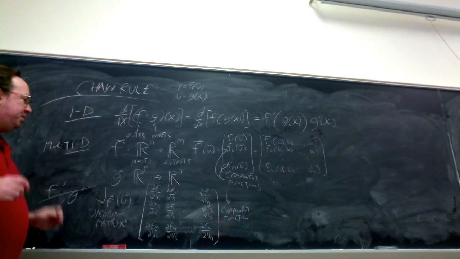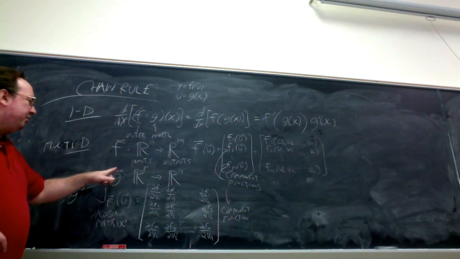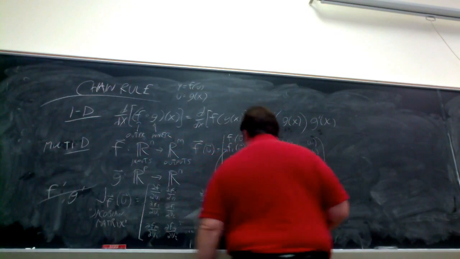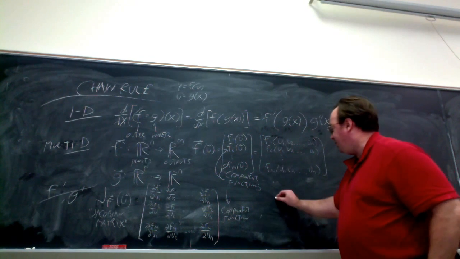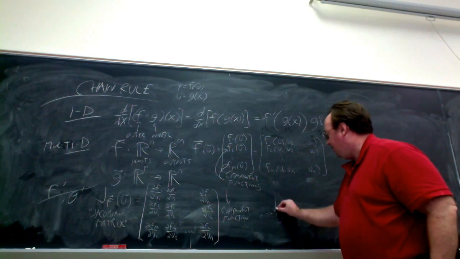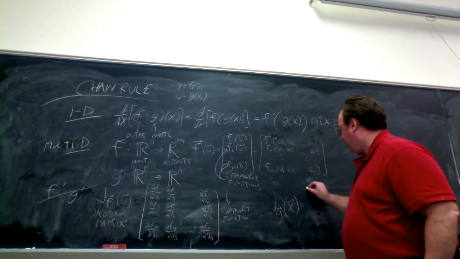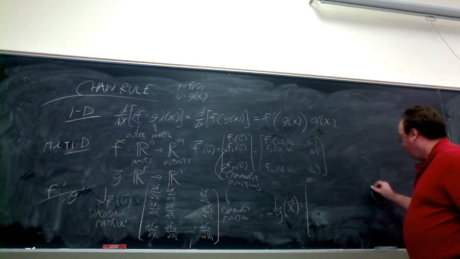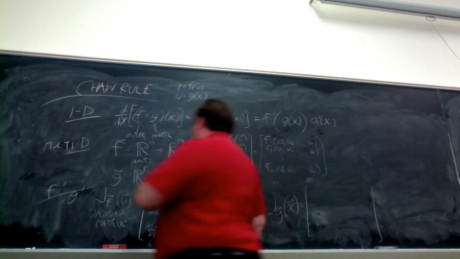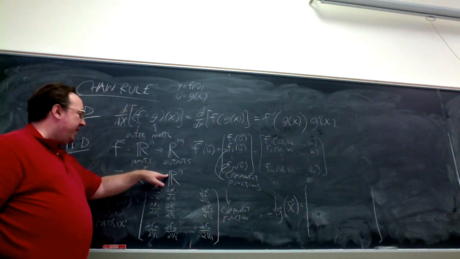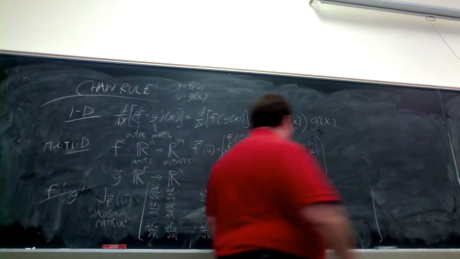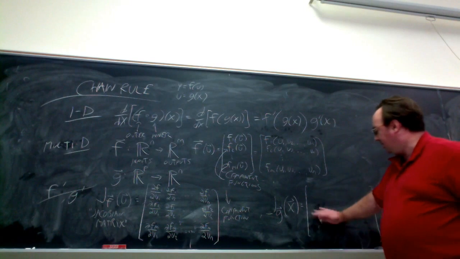Then we have the same thing for g. It's just that the number of variables are different. So instead of g prime, you have a Jacobian matrix of g, which is a function of x. We have p inputs and n outputs, so each row goes with an output.